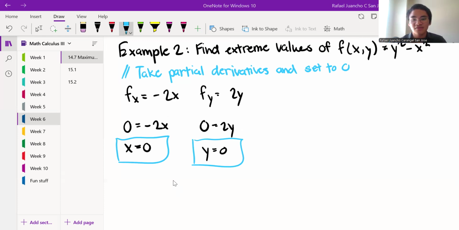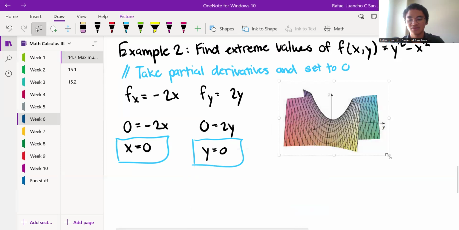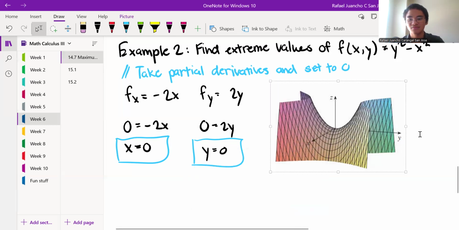But notice that for points on the x-axis, we have y equals zero. Let me actually just show the graph of what in the world this looks like, just so that we can see what the extreme values look like. Here's the graph. Here's what it looks like. And there's our critical point.